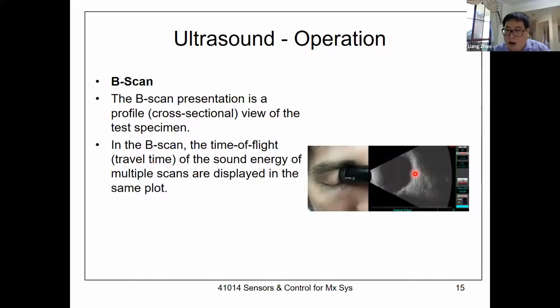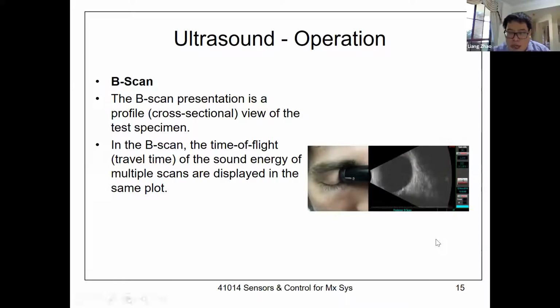And this is what we currently use, right? From this A scan, you can find here is stronger, larger energy, here is smaller energy, here is another larger energy, here is smaller energy. If you put them together, you can see your eye, something like that. Right? So that's the B scan. B scan is putting all the A scans together.